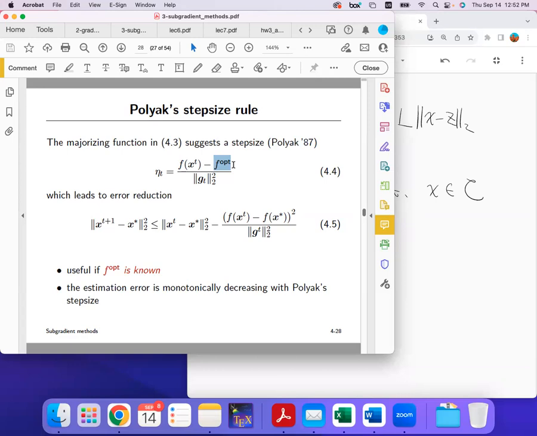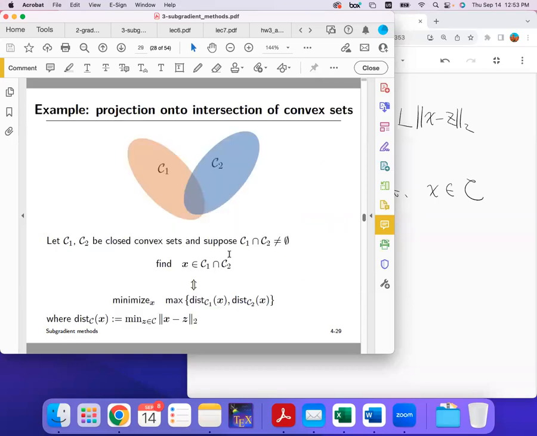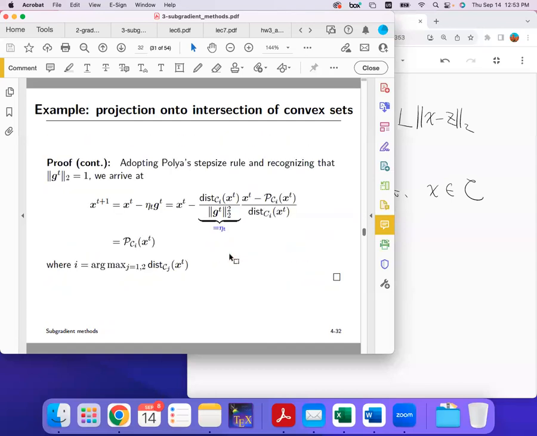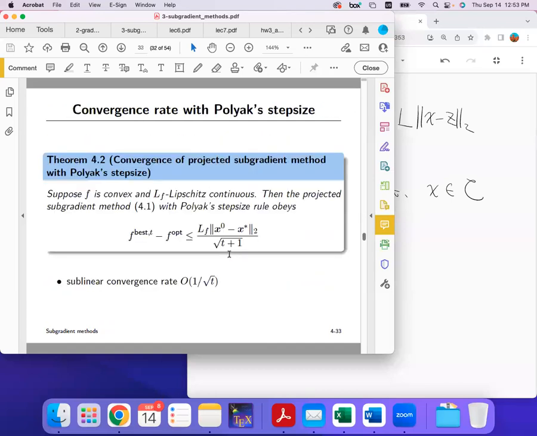If you don't have that information, then you cannot use this step size. This is the limitation. But the nice thing is that it guarantees a monotonically decreasing distance. Let's go back to this example later. First, let's go to this main convergence result.